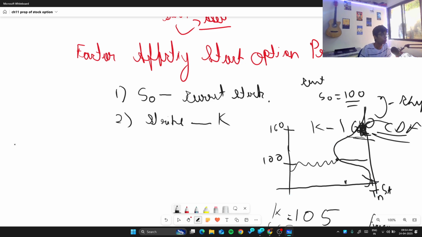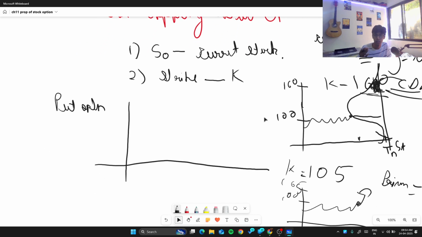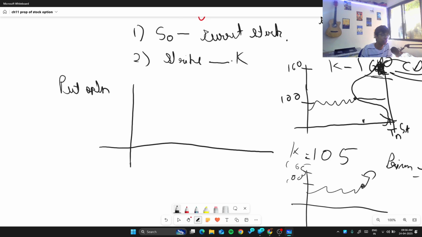Let's take a put option. Can anybody tell in the comment section what the dynamics of a put option will be? So for the put price, let's think. The put option pays off when the price decreases, when there is a difference between the strike price and the spot price.